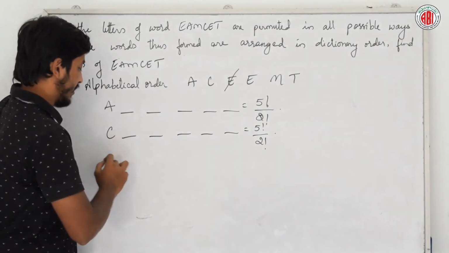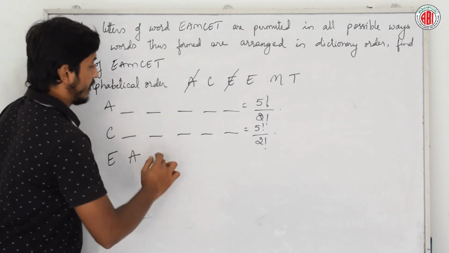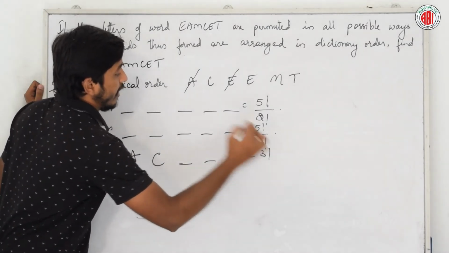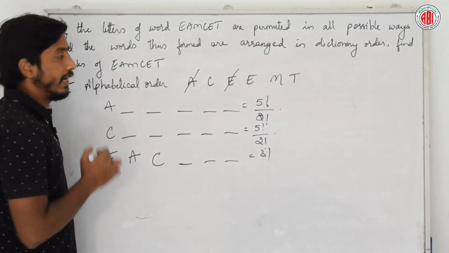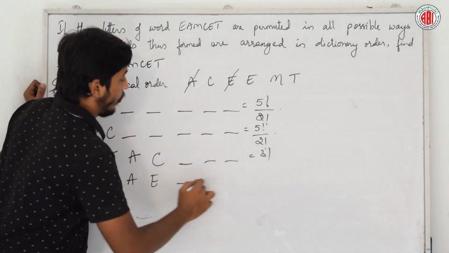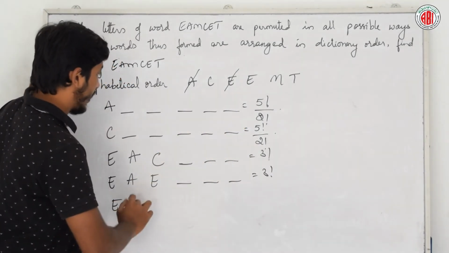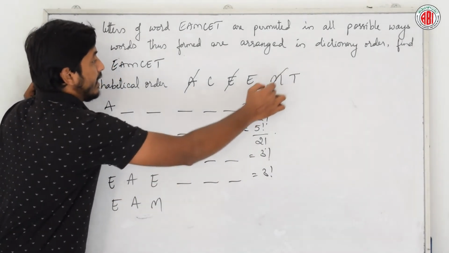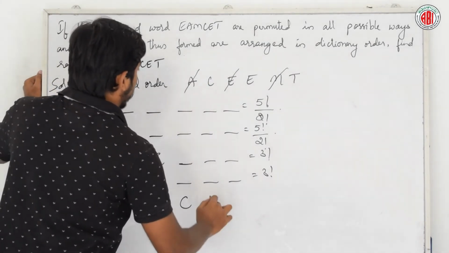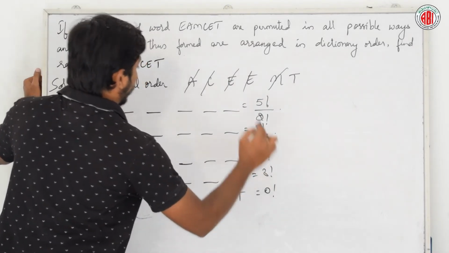Yes, obviously it is starting with E. Again we'll come here. Again it is starting with A. Next C we have to put and 3 more letters are left. Right? Next E. No. So again one more 3 factorial. Next E, A, M. Yes, it is setting. After that C. Yes, it is E. Yes, finally T, it is 0 factorial.